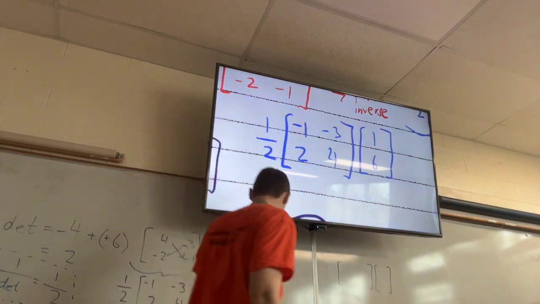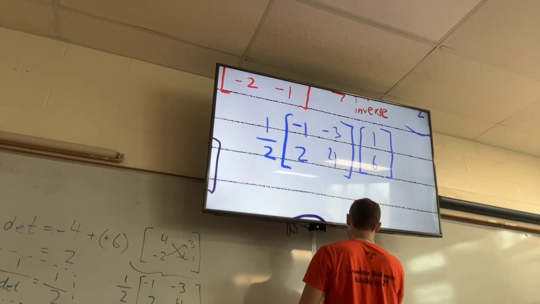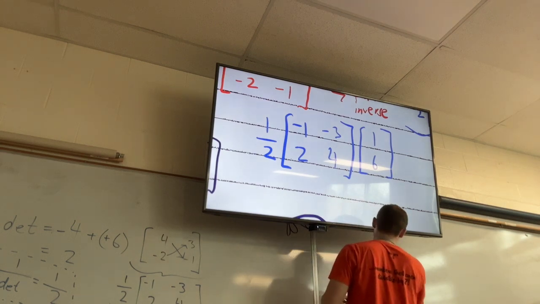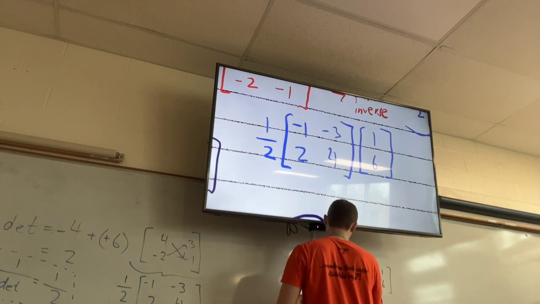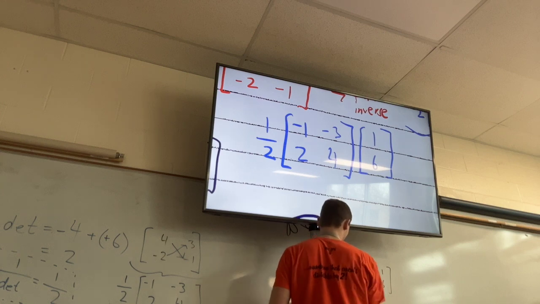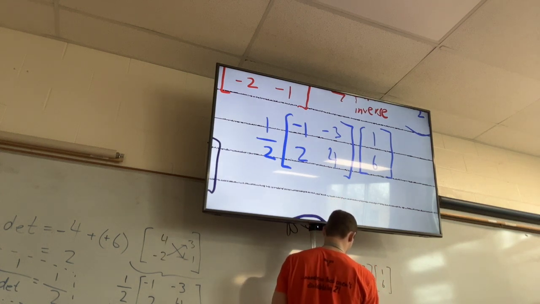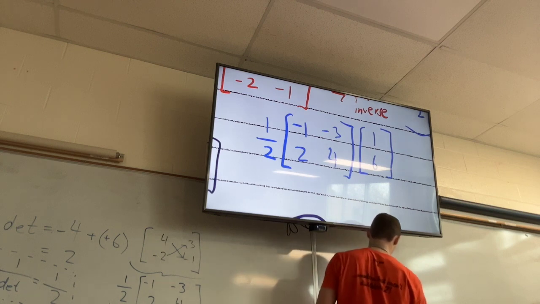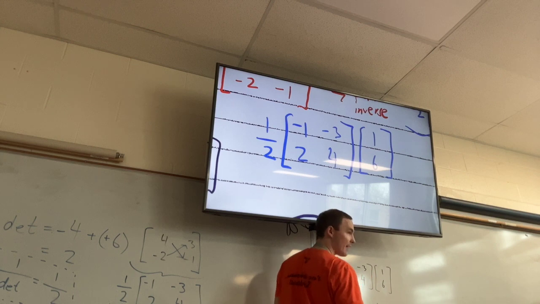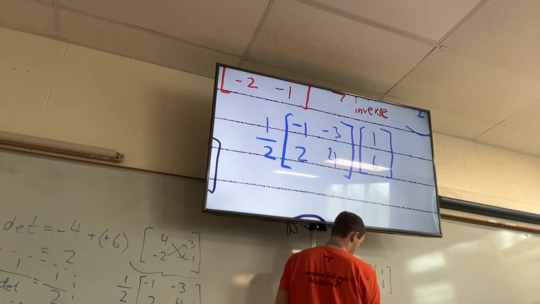All right, so I'm going to do -1, 2, -3, 4, 1, 6. I'm going to multiply all that by 1/2. Okay. So let's just ignore the 1/2 for now. Let's just do this. I'm going to add these two columns. And before I add them, I'm going to use the column in my second matrix to multiply.